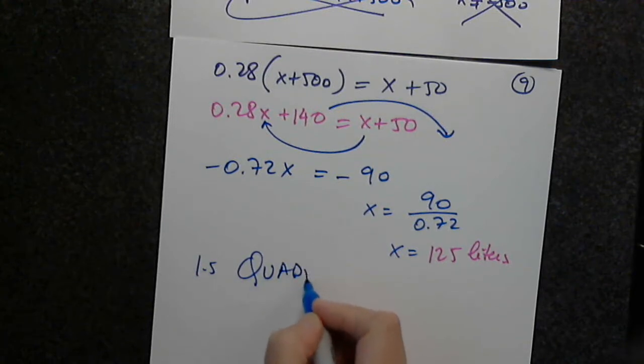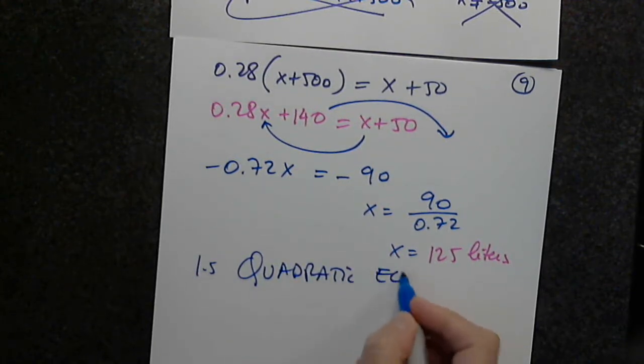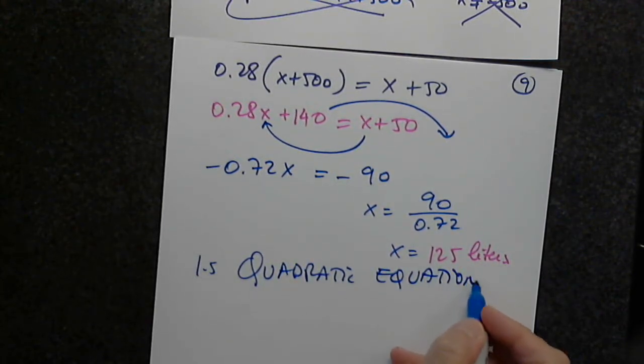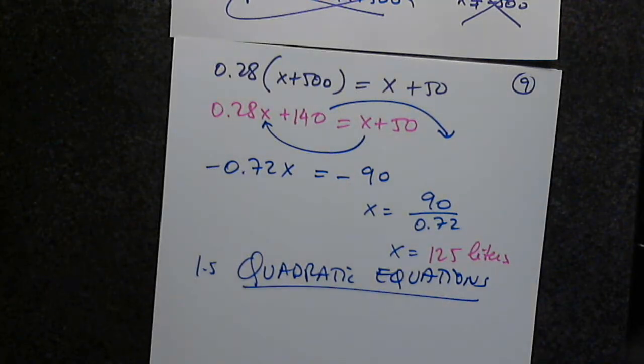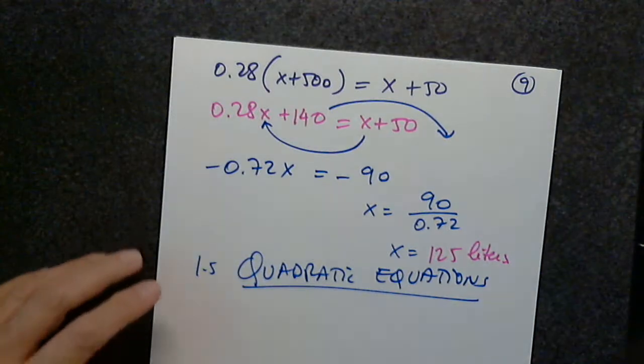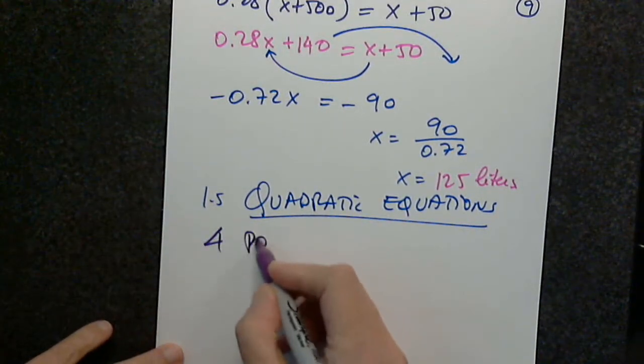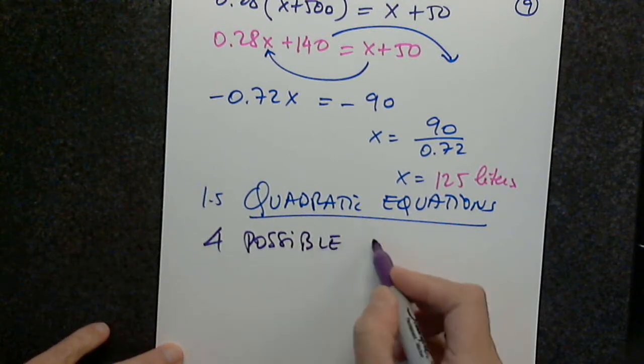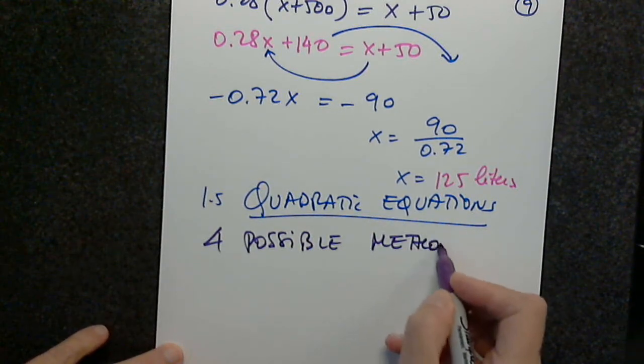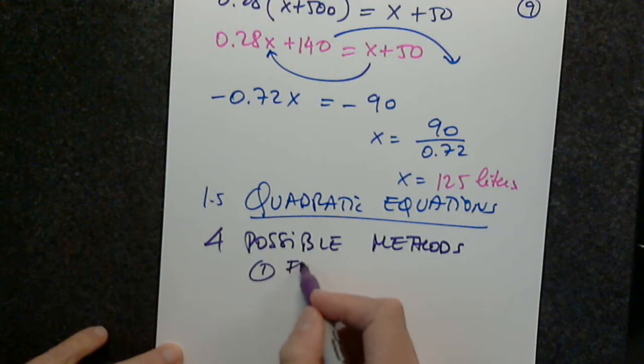Section 1.5, quadratic equations. When we solve quadratic equations, we have 4 possible methods. One of them is factoring, of course.